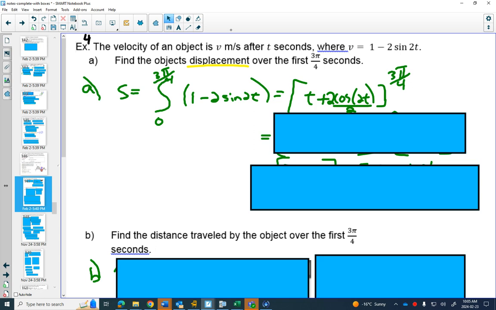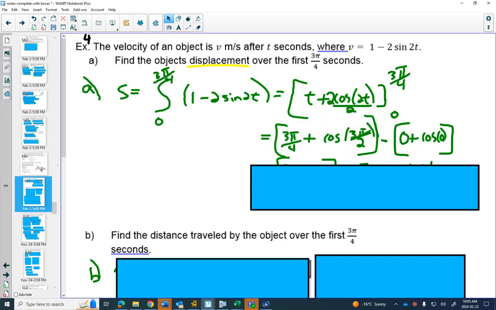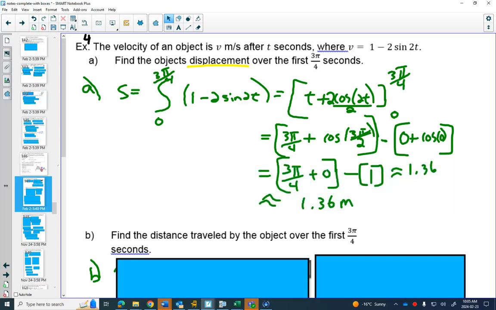The sign changes to positive because the derivative of cos is negative sine. So the antiderivative of negative sine is positive cos. We're evaluating this from 0 to 3 pi over 4, so plug in 3 pi over 4 first. These are all values on your pi plate. And you get 3 pi over 4 minus 1, which, if you use your calculator, is approximately 1.36.